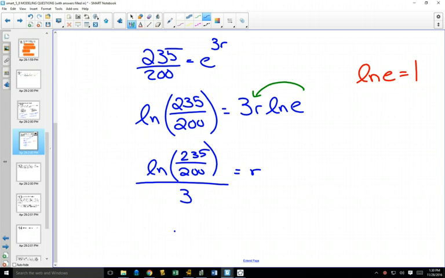And we find out that the rate was approximately 0.0538, rounded to 3 significant figures, or 5.38%.